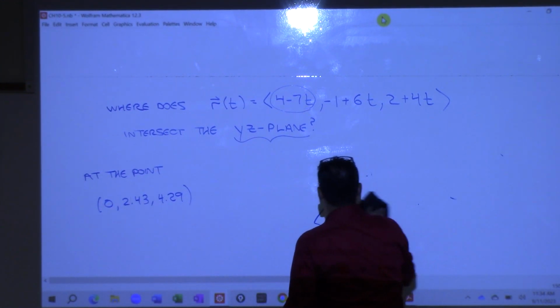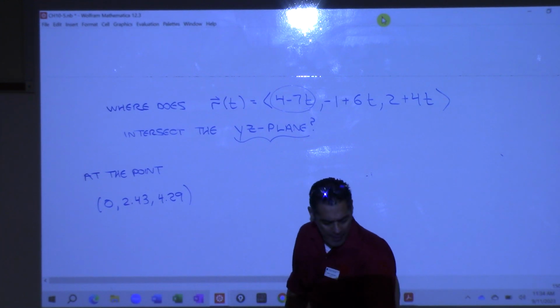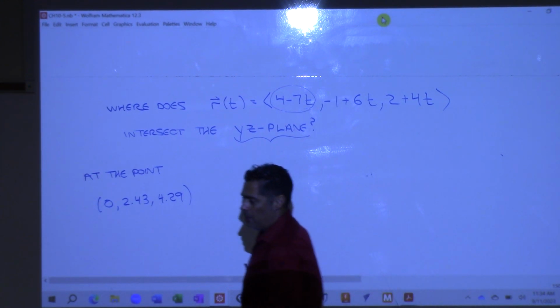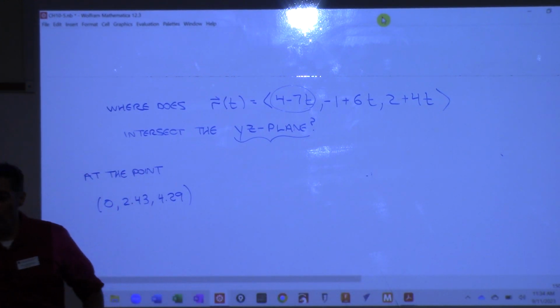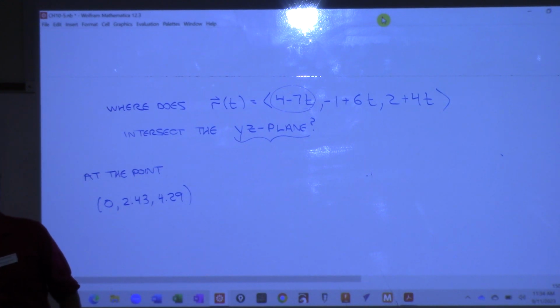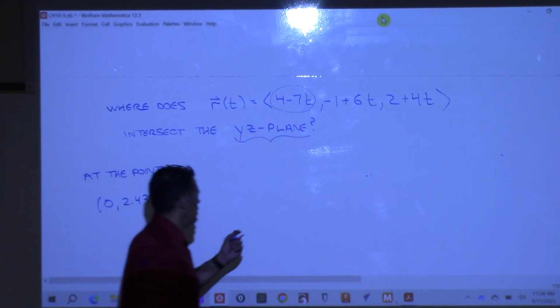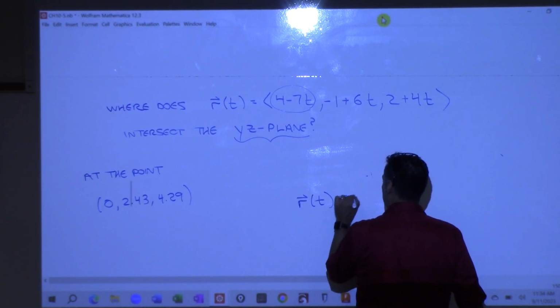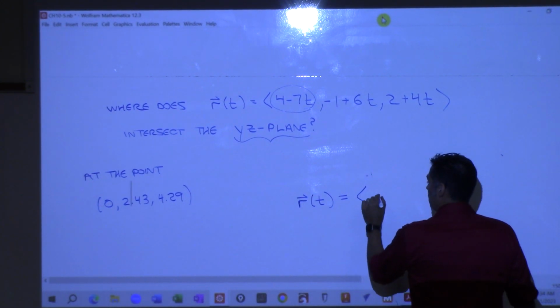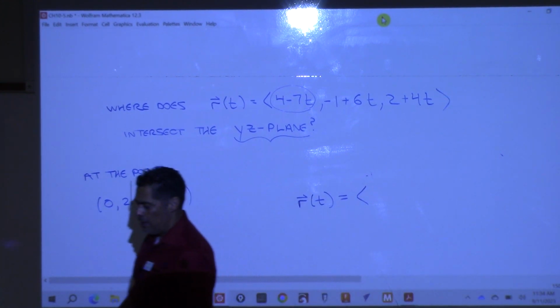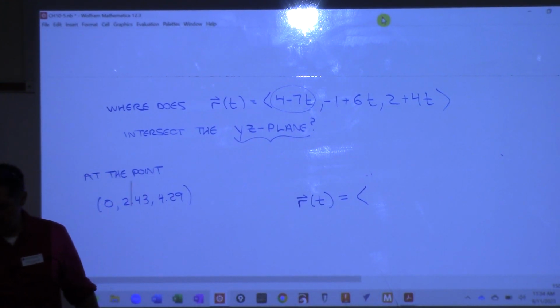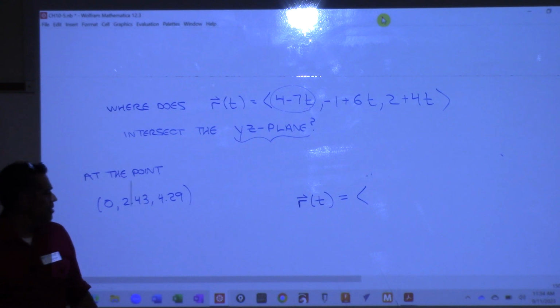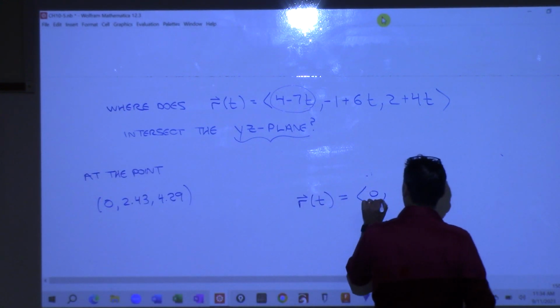Let's say the vector equation of our line was the x-axis. Okay. So what would that vector equation look like? The vector equation of the line that creates the x-axis. So start with your point. What's your point? Origin. Okay, so 0, 0, 0 is going to be our starting point.